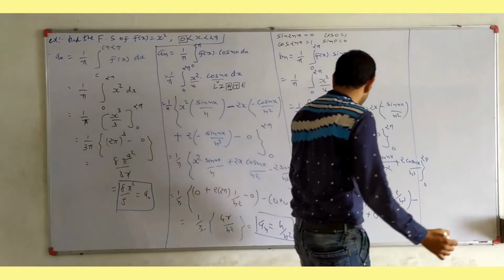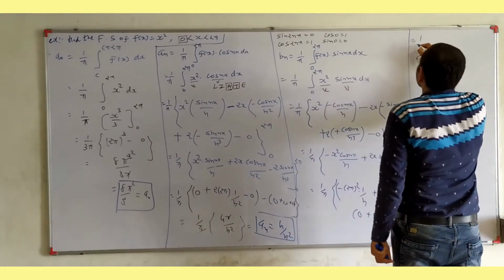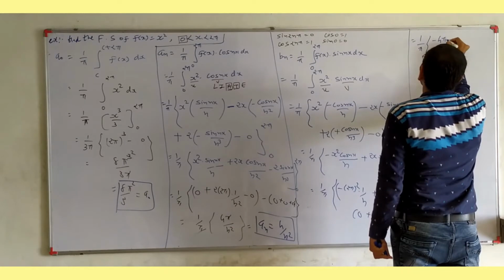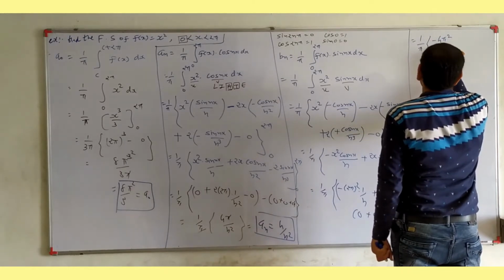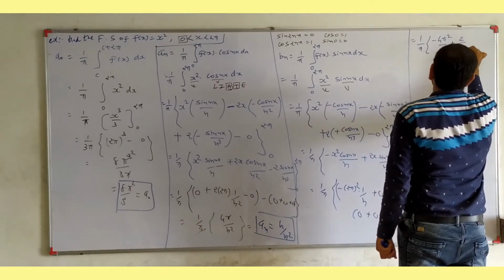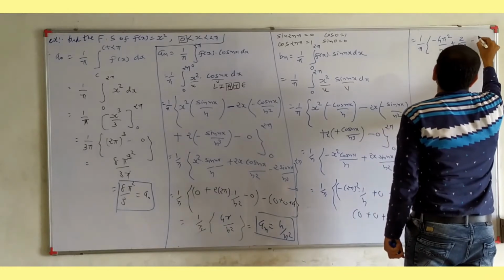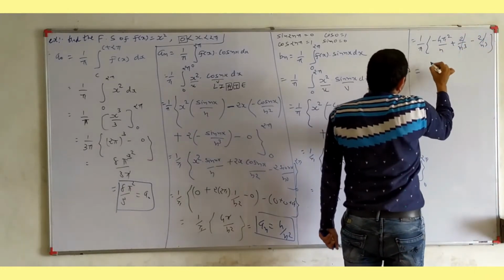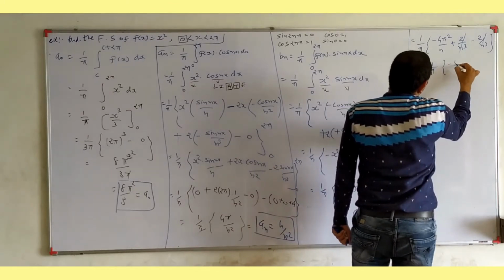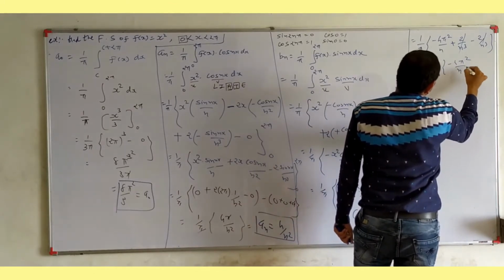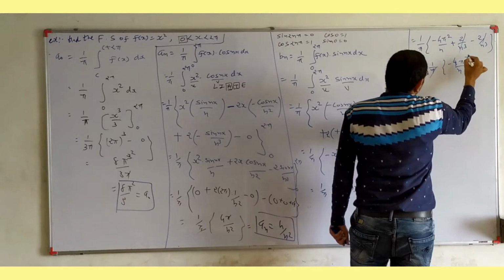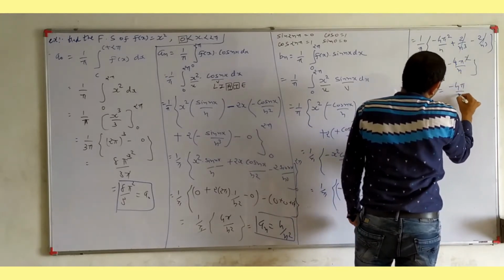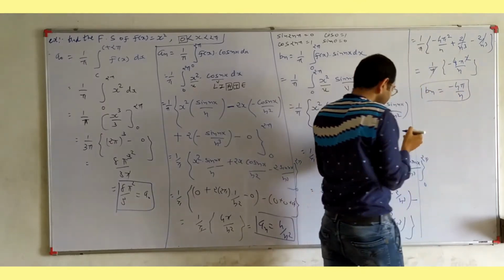Now expand these brackets, then we get 1 upon pi, minus 4 pi square by n plus 2 by n cube minus 2 by n cube. These terms cancel out. Here pi also cancels out, that is 4 pi. Then we get Bn equal to minus 4 pi by n.